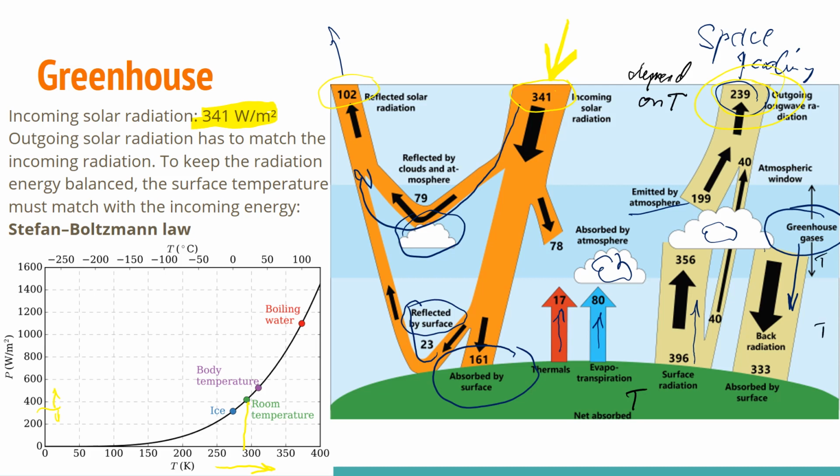So this temperature can go up a little bit if more energy is directly going back here. If your energy is not able to go up there, you have a back radiation, and if this back radiation is going up, then the temperature is rising, and because the temperature is rising, you have a feedback that you radiate more, and you again stabilize the temperature.